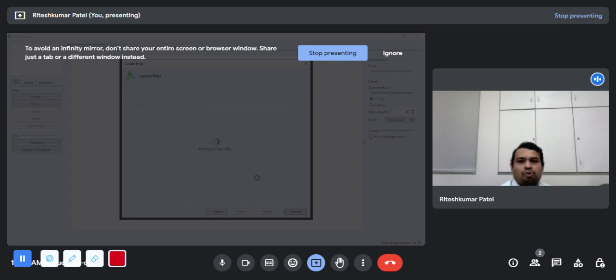It will take around 1 to 2 minutes, because based on the file, the software will read all the data and then give you the result.